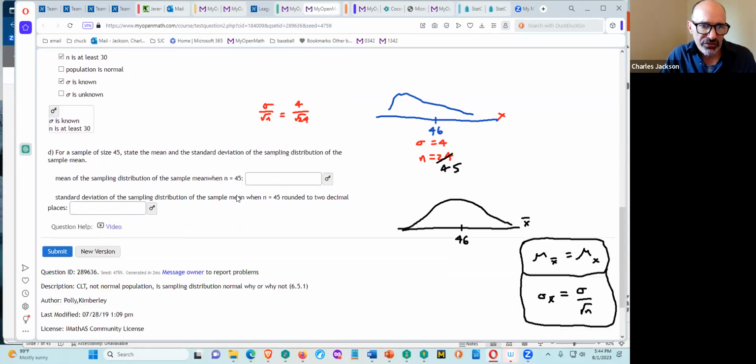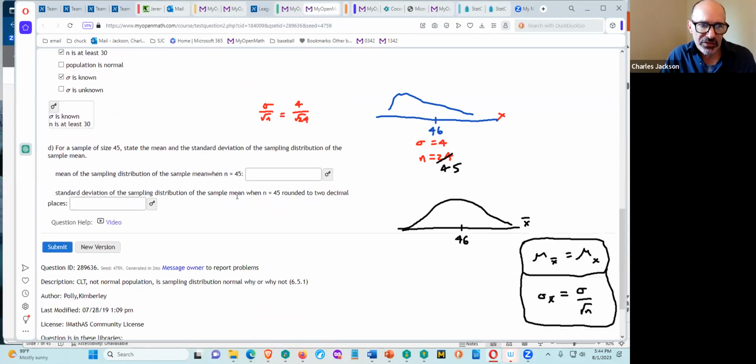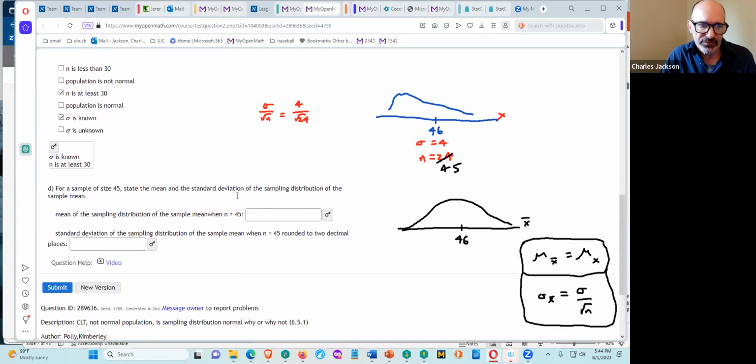For sample size 45, state the mean and standard deviation of the sampling distribution of the sample mean. The mean, well, we know that's going to be 45 because of this. Or I'm sorry, the same is 46. 46, the same as the mean of the population.